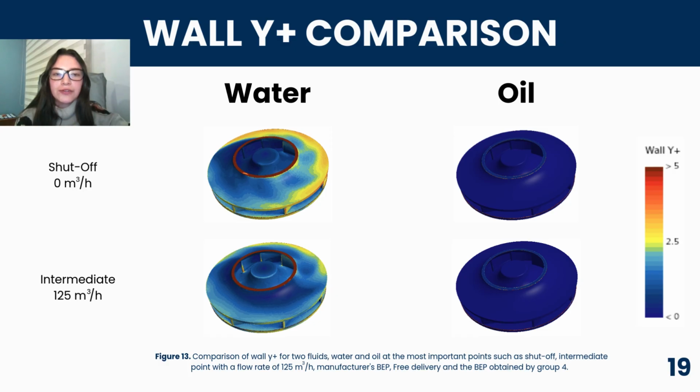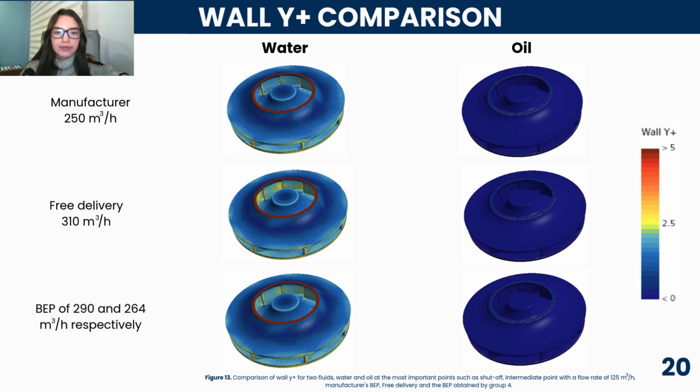It can be seen that for oil, the profile does not change as the volumetric flow changes, but for water, it's different. As the volumetric flow approaches the best efficiency point, the areas colored in yellow or red decrease, meaning that the wall y plus values are sitting between the accepted range of 0 and 1.